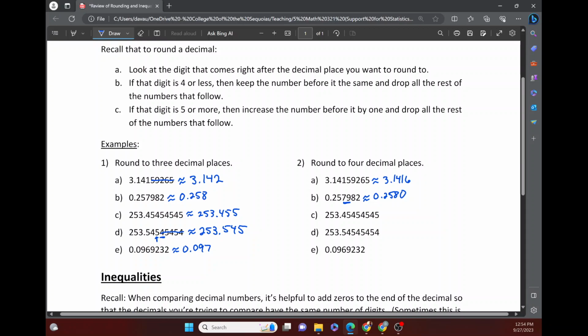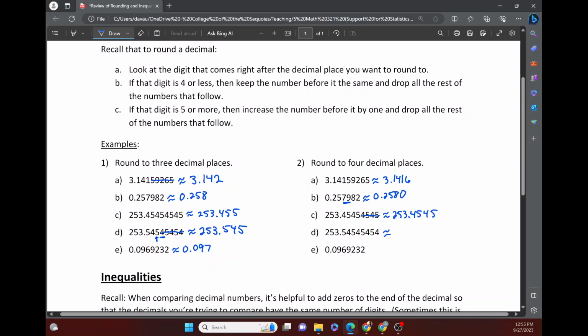For part C, 1, 2, 3, 4, after that digit is a 4, so I'm just going to drop them and leave that digit the same. This is about 253.4545. For part D, 1, 2, 3, 4, I look at the digit that comes after, it's a 5, so this 4 needs to go up.